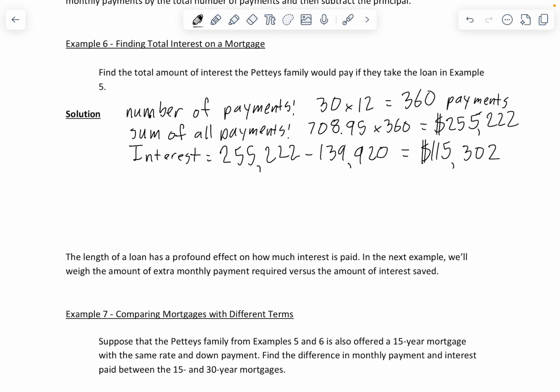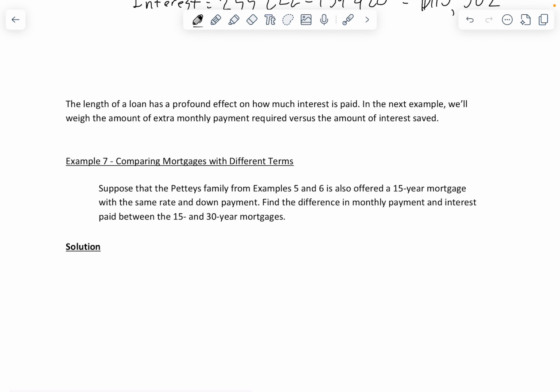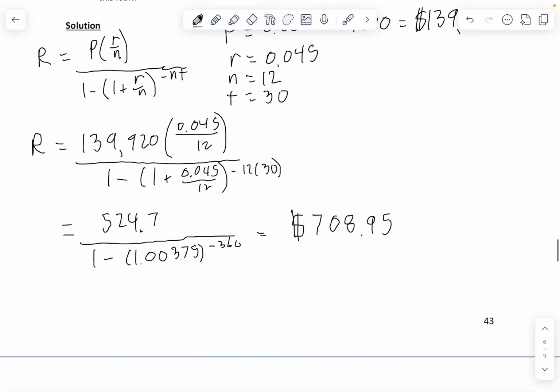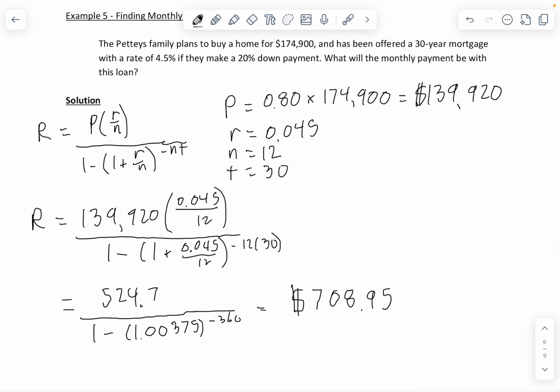Okay, so to find the monthly payment, we still use the monthly payment formula. The only difference between the calculation here and the calculation we did in the previous example 5 is that the T has been changed from 30 to 15.